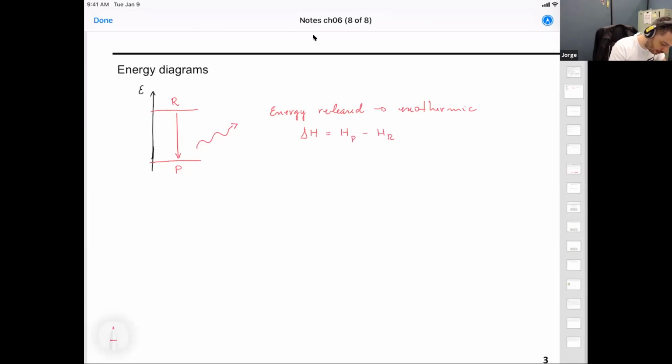Okay, so in this diagram, the delta H is going to be the difference between the energy of reagents and products, and that's going to be delta H right here. If the energy of the products is lower than the energy of the reagents, in this kind of reaction, the delta H has to be negative.